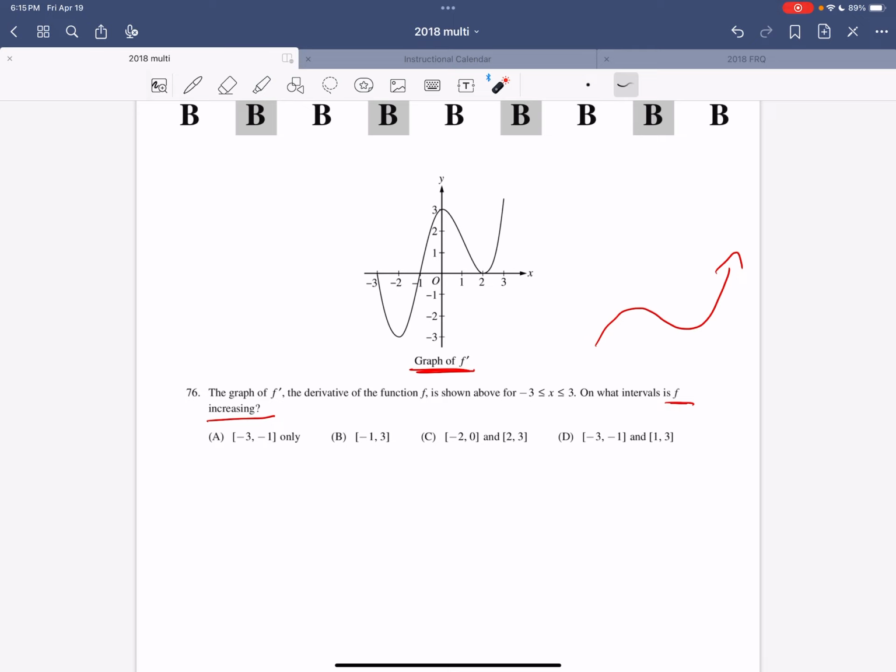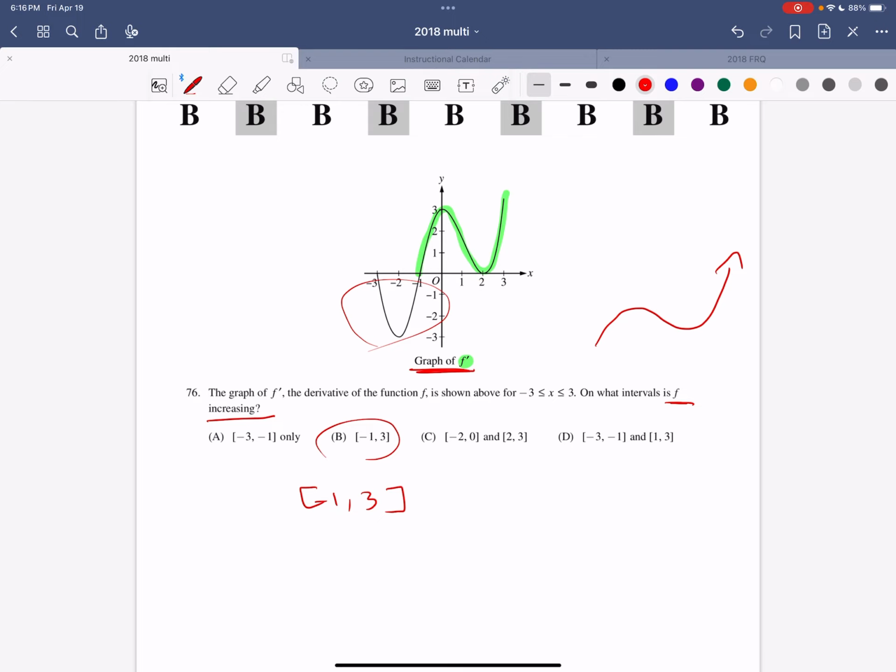So you should be on the positive side from here to here. Do you see these are the positive side? So it's going to be increasing from -1 to 3. That's the only interval, because here to here is going to be negative. So your answer is going to be B.